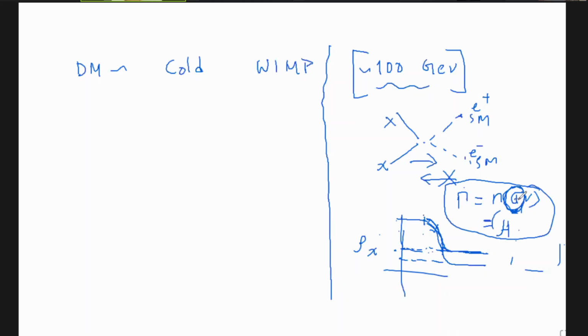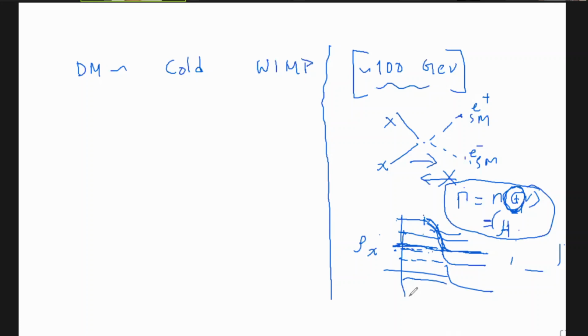But if sigma is lower, then Hubble will win earlier. So lower sigma means you end up with a high density today because you get freeze out earlier. And higher sigma means you will end up with a lower density today. Is it clear? Freeze out density. Very nice.